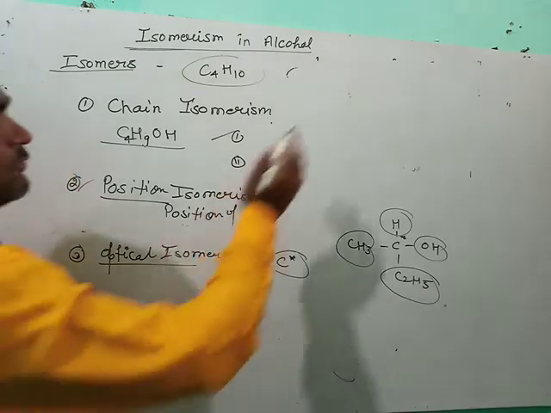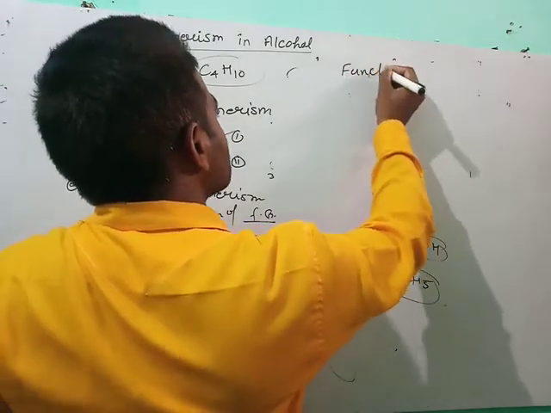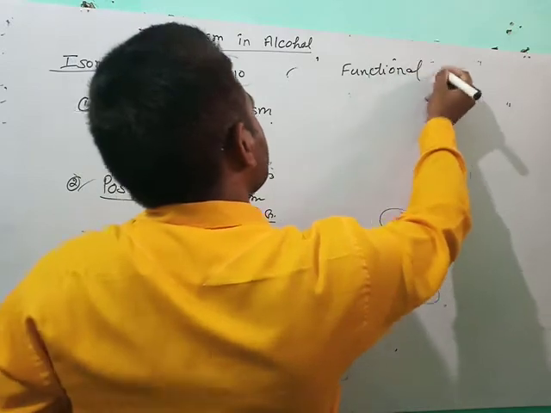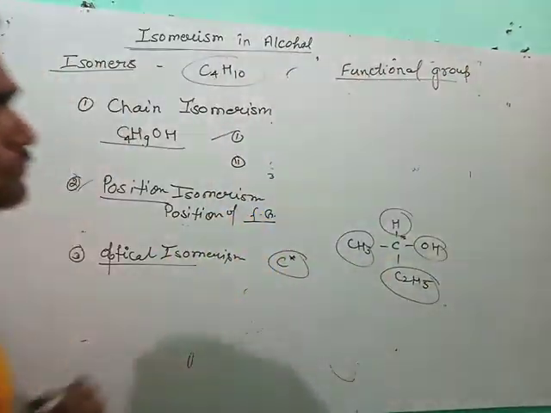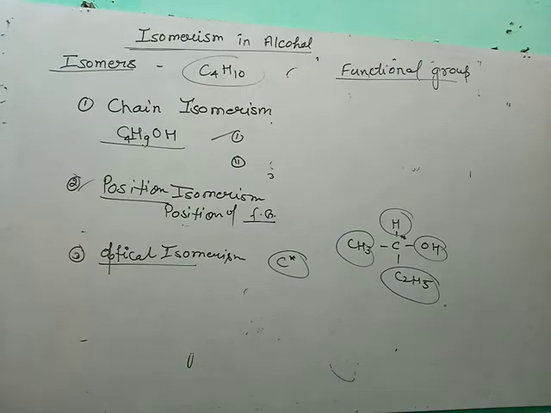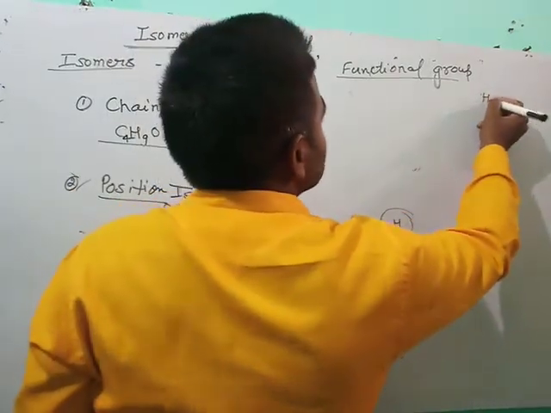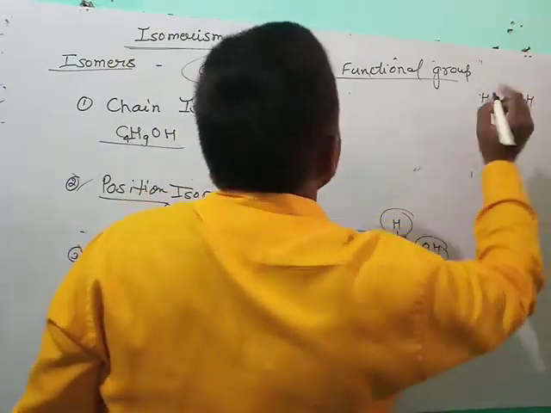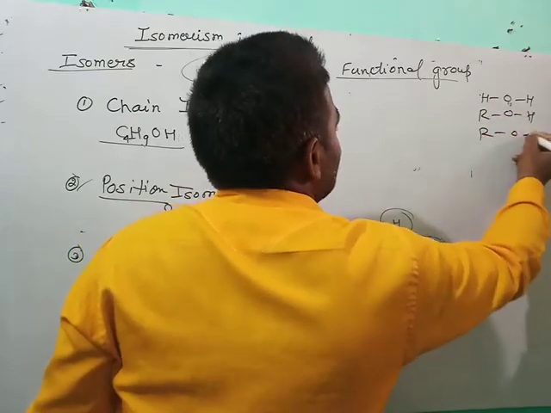And last, functional group isomerism. This is the most important isomerism of alcohol. We have three compounds: HOH, ROH, and ROR.